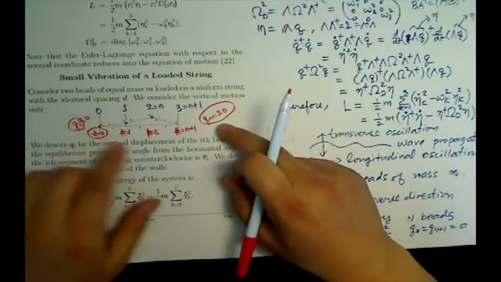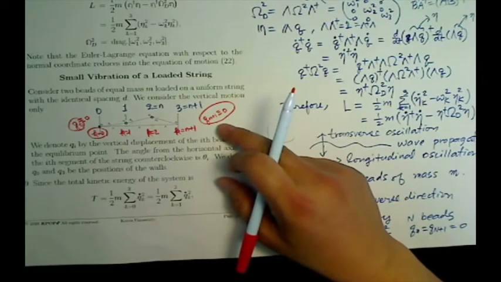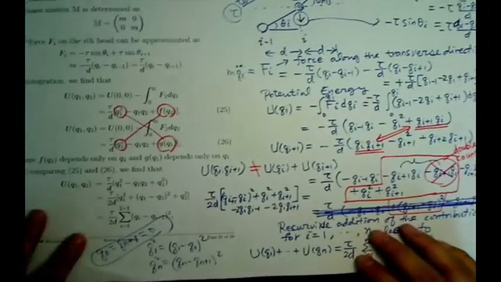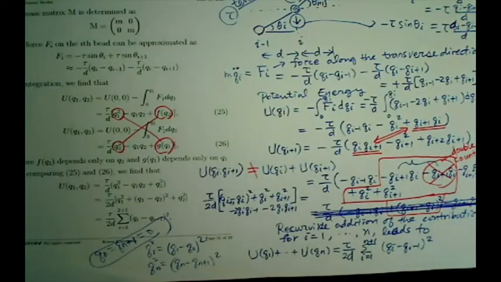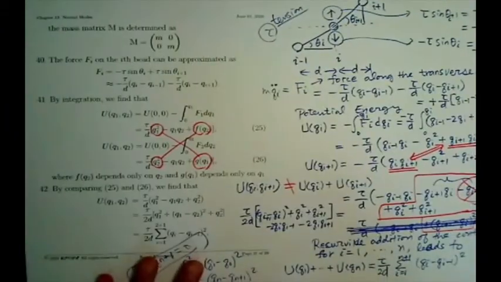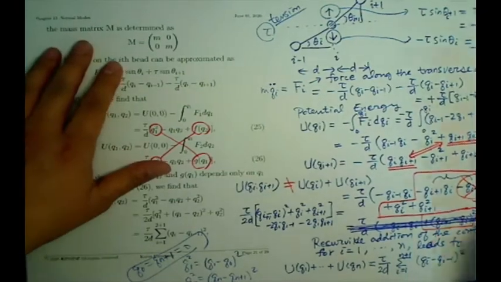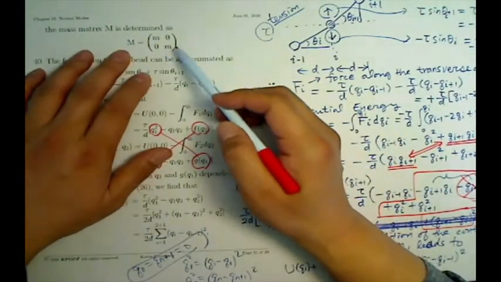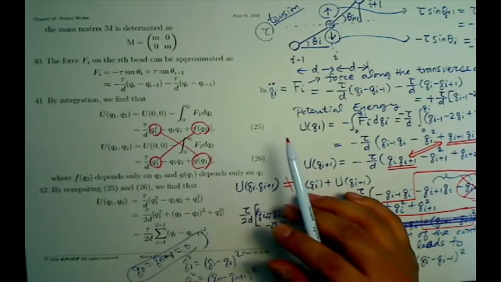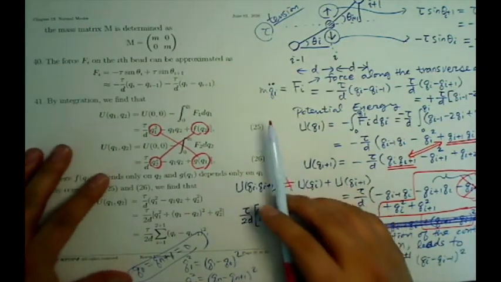This is true for any number of beads. Now, by making use of the kinetic energy, again, we find the mass matrix is trivial. The mass matrix is of the form m times the unit matrix.